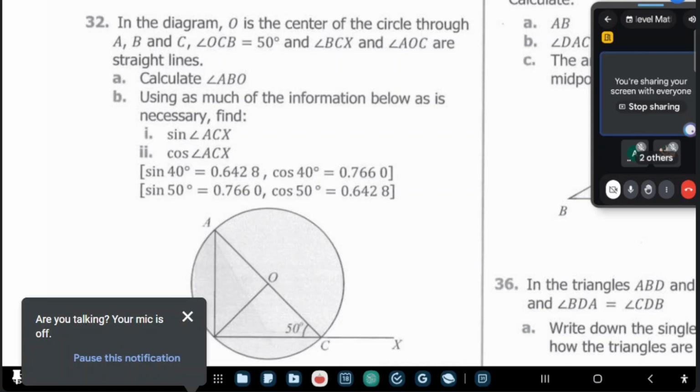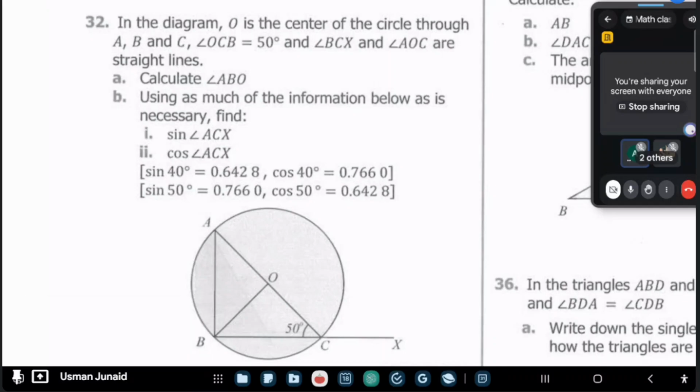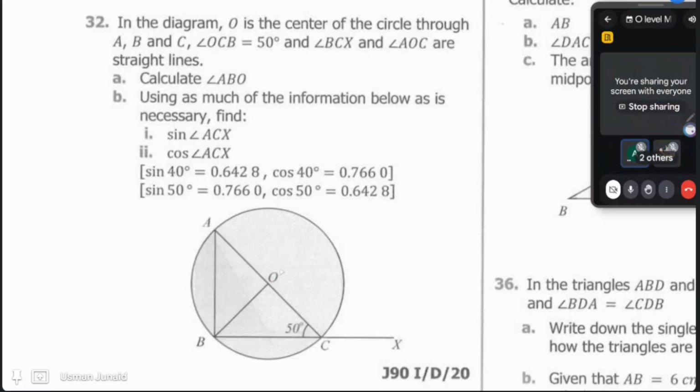Are you done? Are you able to solve it? No. Okay. So O is the center. So if O is the center, this means that AC is diameter.